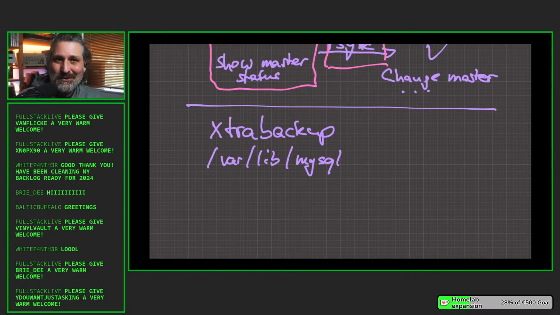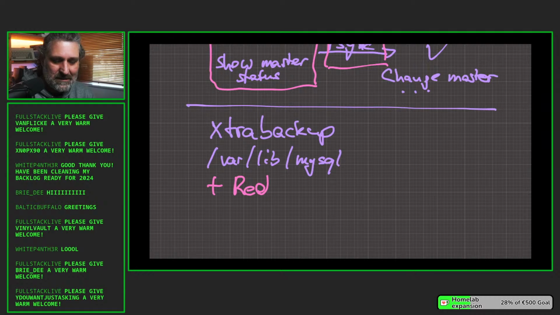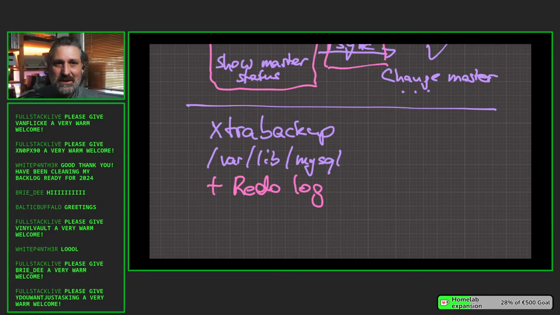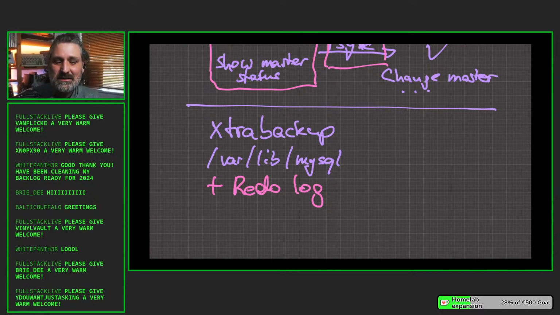Well, it not only copies var lib mysql, but it also copies the redo log information from the database that the database writes in an ongoing fashion while it's working. And this redo log has all the deltas, all the changes to the table spaces in var lib MySQL that you need to have a consistent data set.